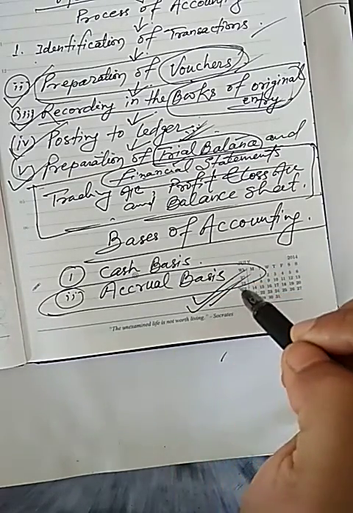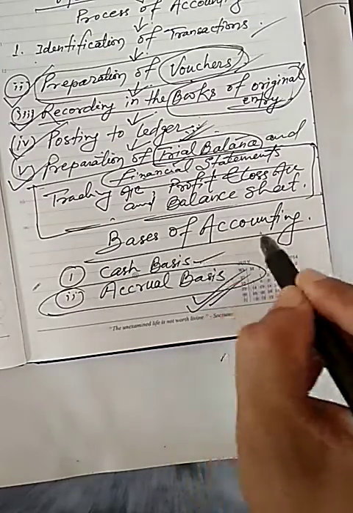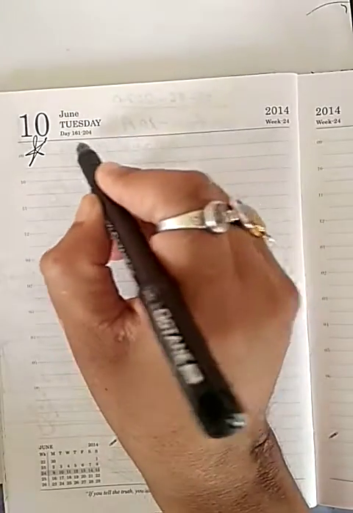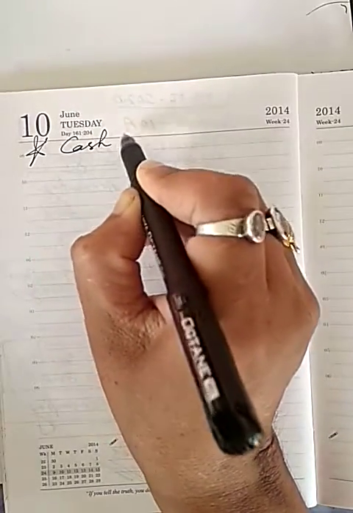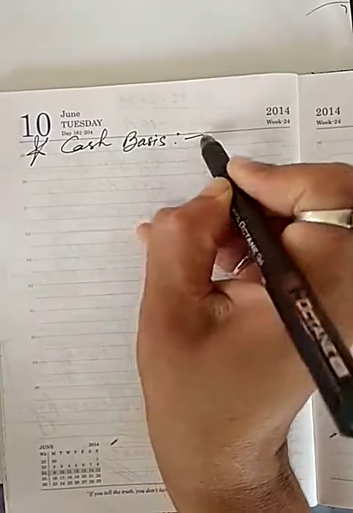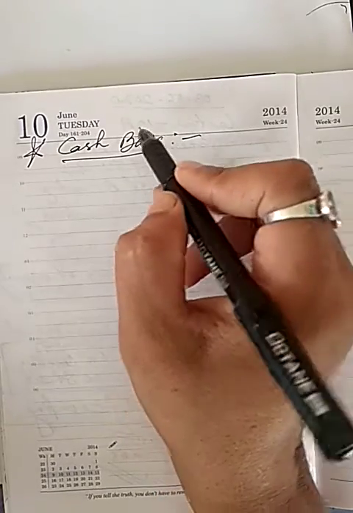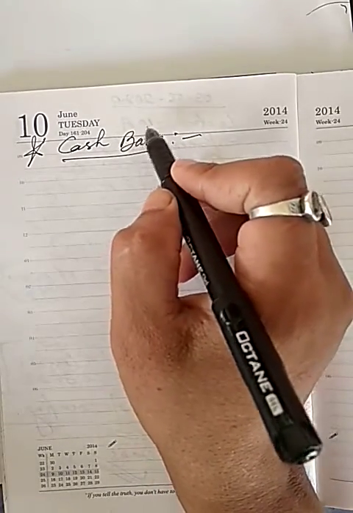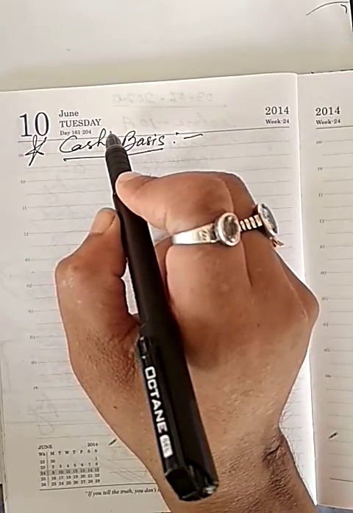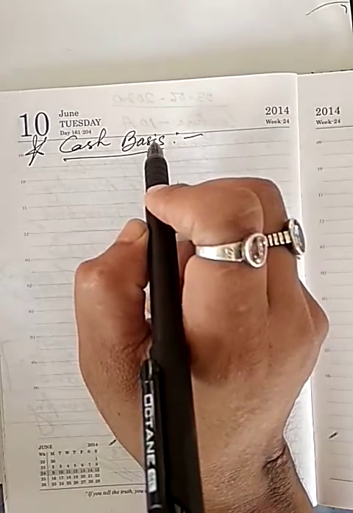Now I am going to explain the cash basis of accounting. Under this basis, income is not recorded unless it is received in cash.